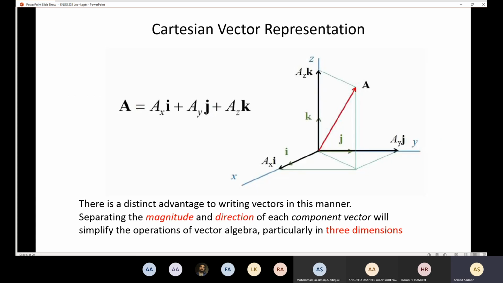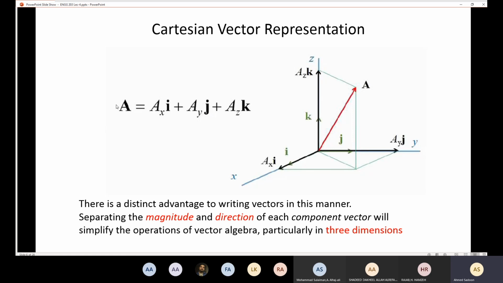So now we are able to describe the vector in 3D using the Cartesian vector. We know that the vector here is going to have 3 components. We are going to have a component in X, a component in Y, and a component in Z. And I'm going to put the I and the J and the K to show us the direction of the component.